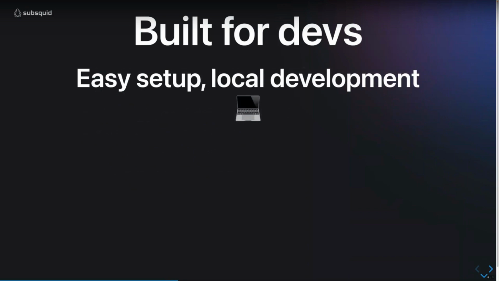Some of the other good aspects of the SDK is that it's built for devs. And so we have a strong emphasis on local development. You can set up your own local squid. It's lightweight and it facilitates the development of your front end because you have basically the API running on your local machine, and it's very lightweight.